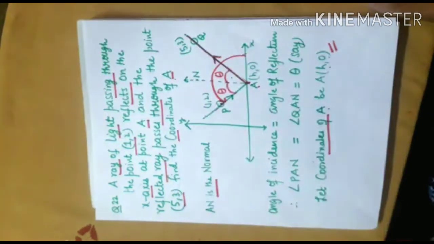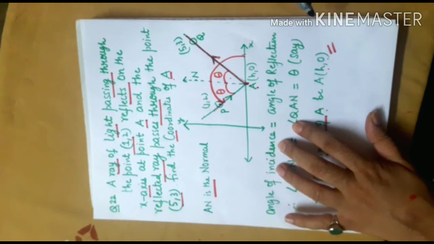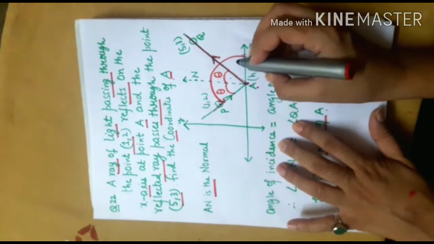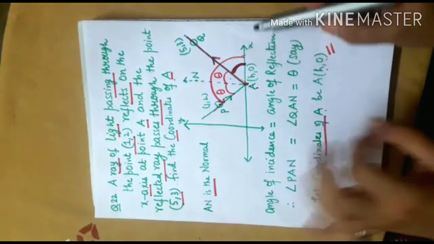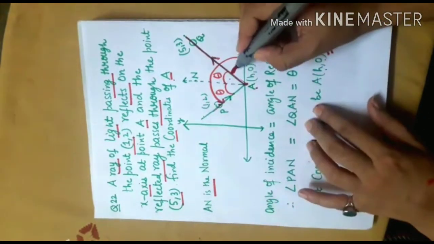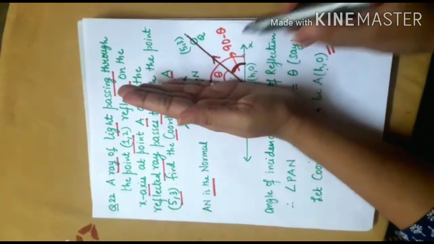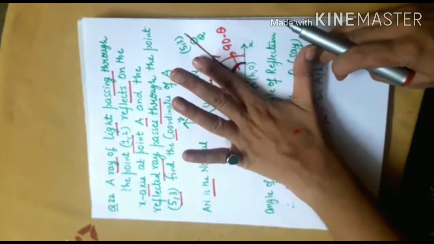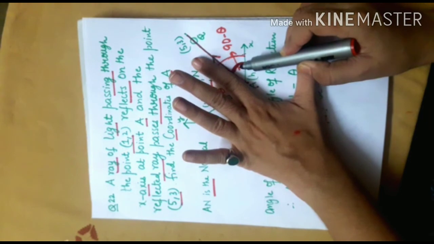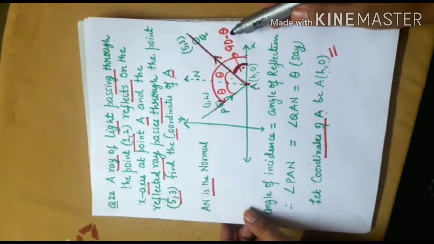That is the angle made by the line AQ with positive direction of x-axis in anti-clockwise direction. Do you agree? It is this angle, right? Now, can I say this angle will be equal to 90 minus theta? This whole is 90. From this, if I remove this part, I'll be left with this. So, angle of inclination of AQ is 90 minus theta.